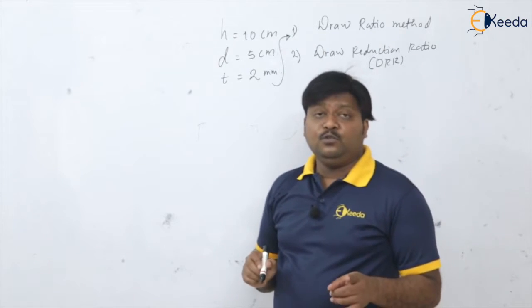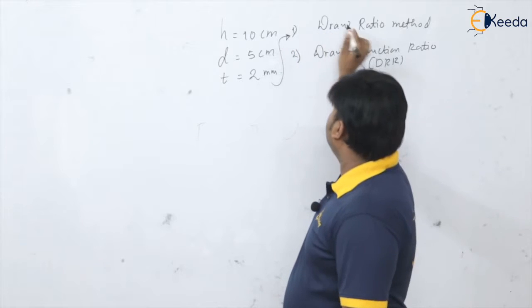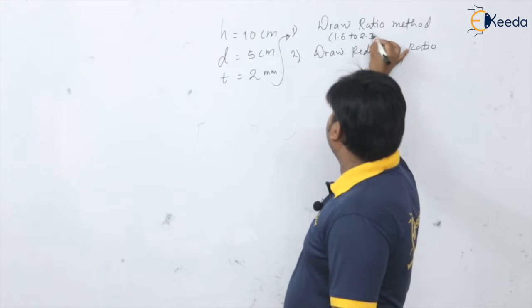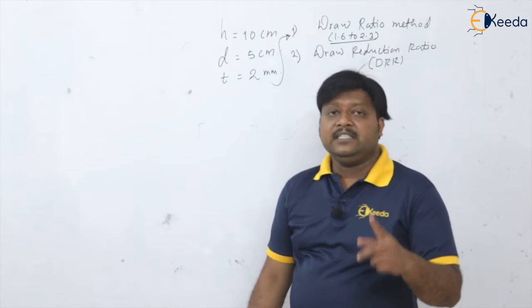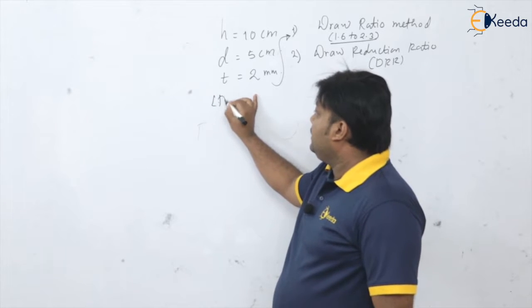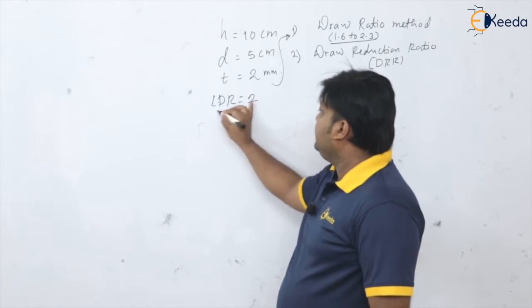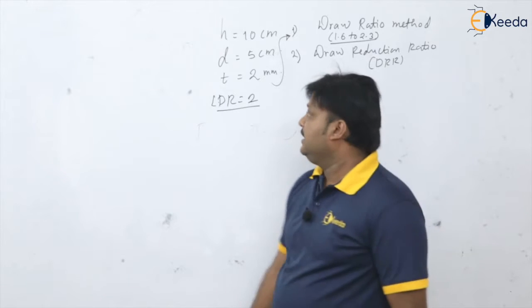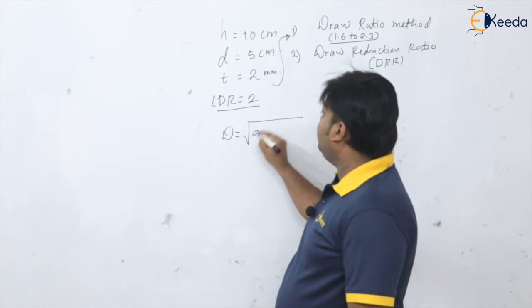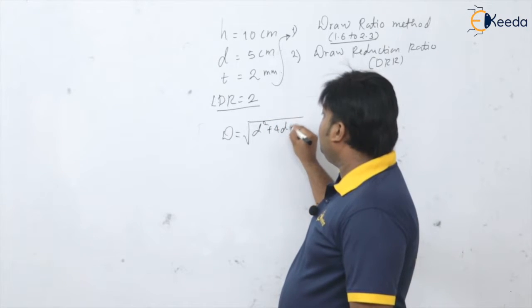And I already told you that the range of this draw ratio technique is from 1.6 to 2.3, but nothing is mentioned. Then we have to assume that the limiting draw ratio will be 2. Okay, so let us first calculate the blank size. How to calculate? Under root of d square plus 4dh.